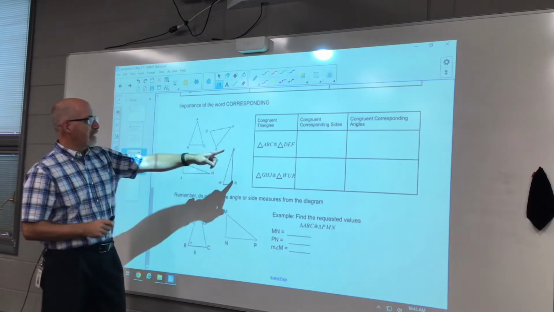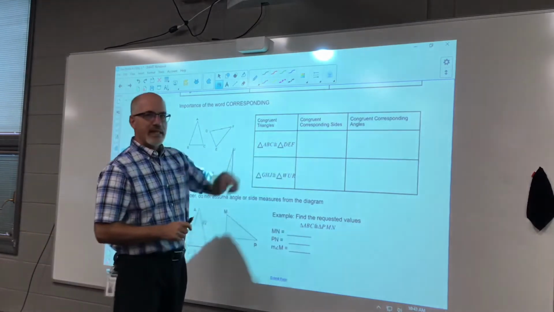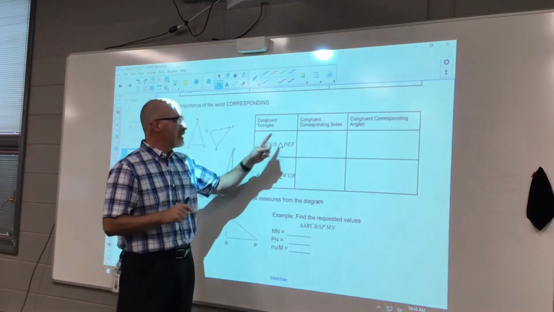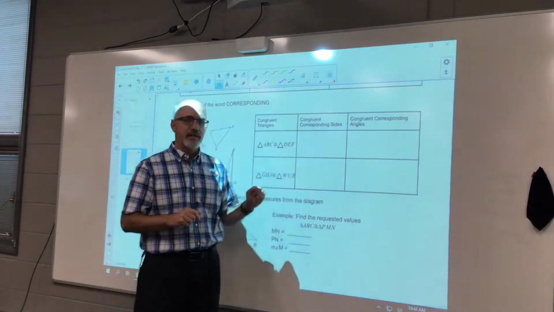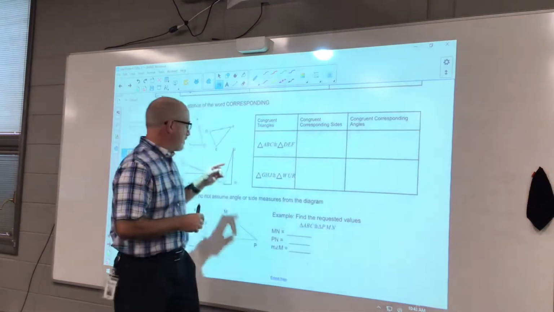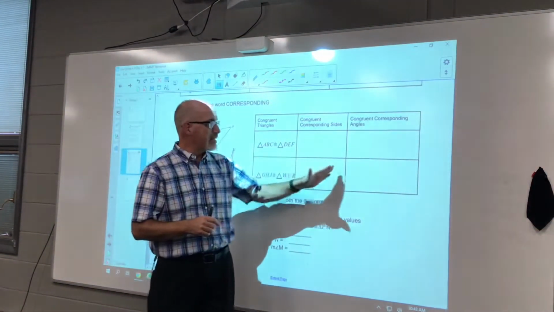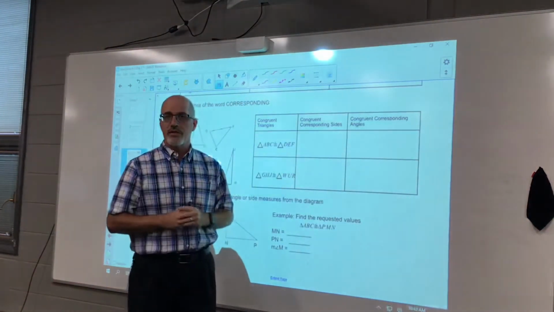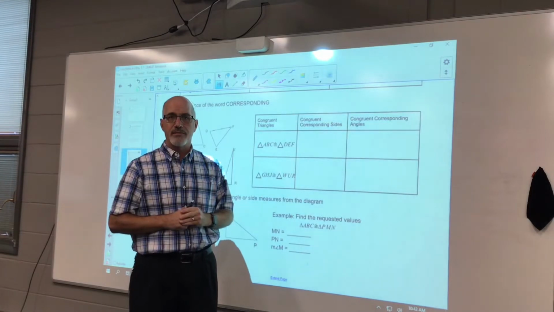So looking at here, we've got ABC to DEF. Take a moment, pause the video, and try listing all the corresponding sides and then all the corresponding angles. Do the same thing with this one here, corresponding sides and corresponding angles. And when you're done, go ahead and restart the video and we'll take a look at it.